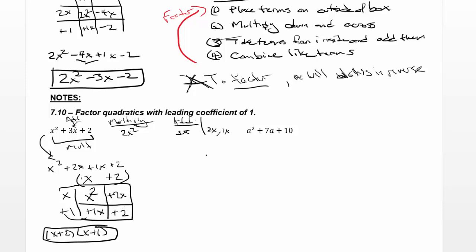Let's try this again. Maybe a little faster this time. If I'm going to factor this, I need to figure out how to uncombine the like terms of the middle to turn this from a 3-term polynomial into the 4 terms that would end up in my box. Again, to do that, I'm going to make a multiply and add problem.